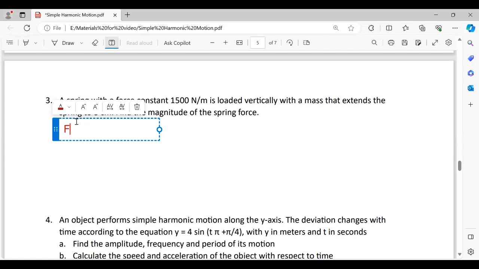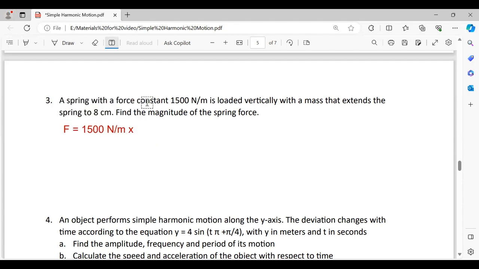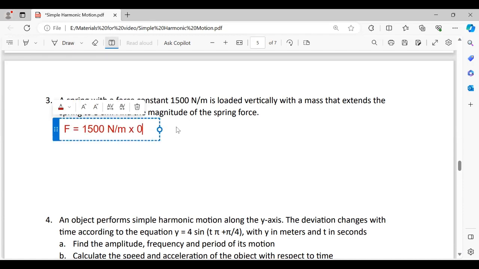Force equals 1,500 Newton per meter times y. How much just now? 8 centimeters. We have to convert 8 centimeters to meters, it becomes 0.08 meters.